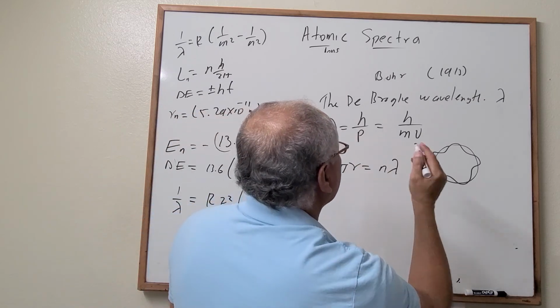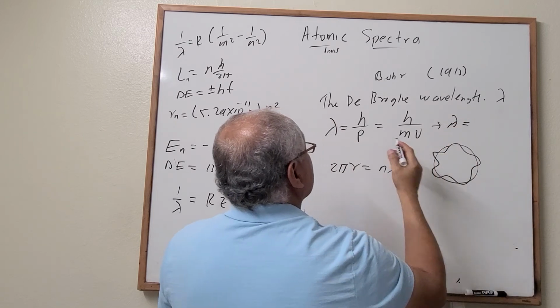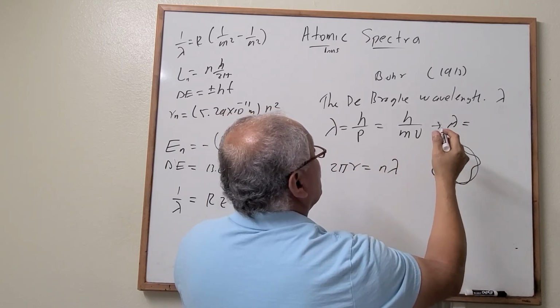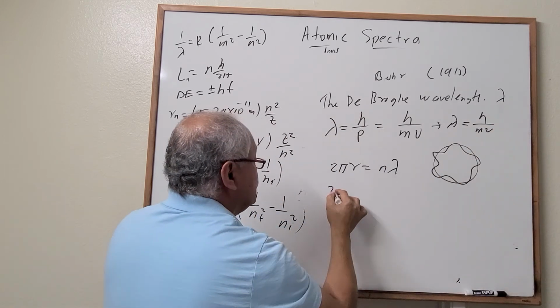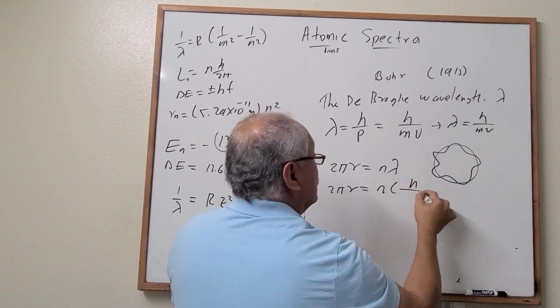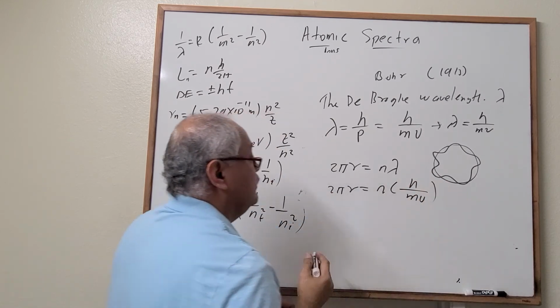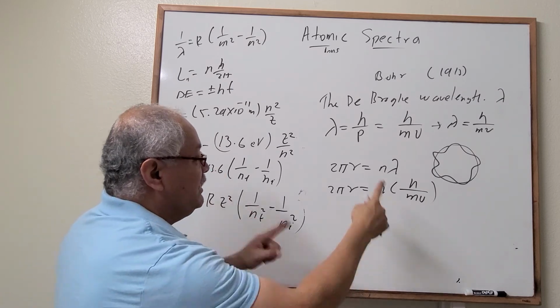Lambda is equal to h over mv. So 2 pi r is equal to n times lambda, which is h over mv. Let's rearrange it.